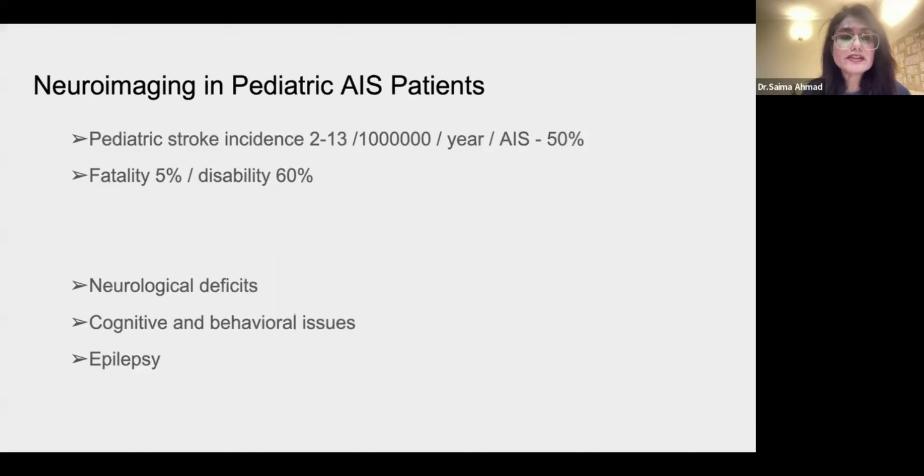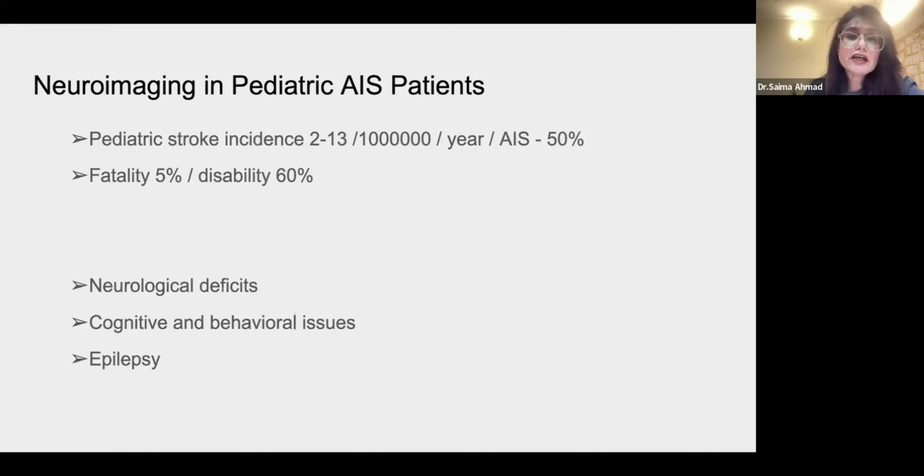A few points about neuroimaging in the pediatric population. The incidence of pediatric stroke is 2 to 13 per 100,000 per year, and arterial occlusion accounts for 50% of the ischemic strokes. The most important thing is that disability is about 60% and mortality is 5%.